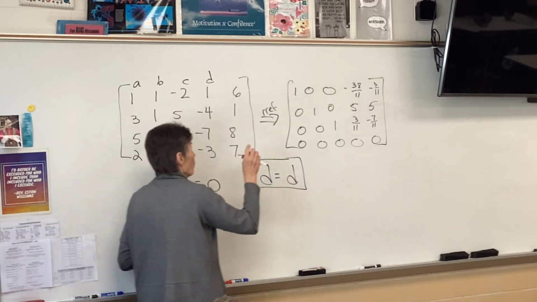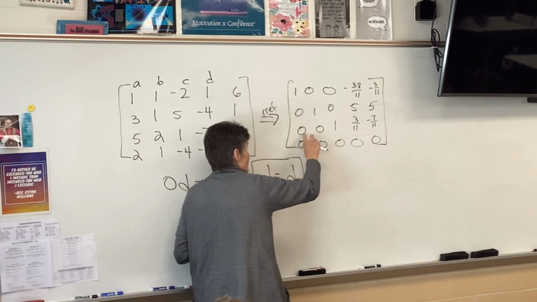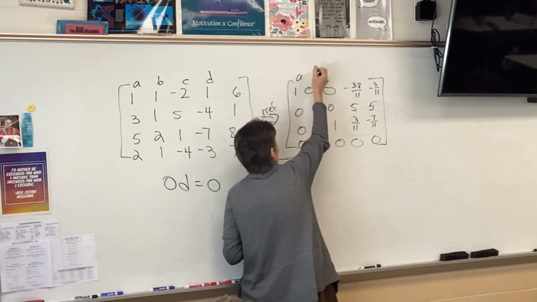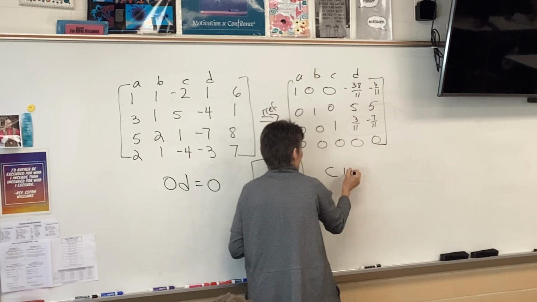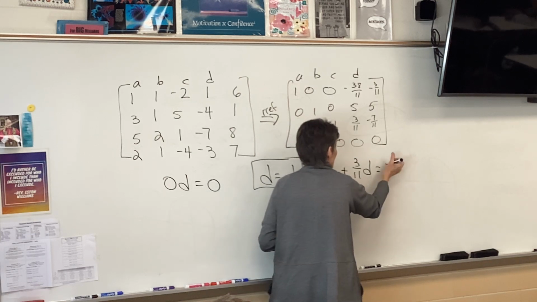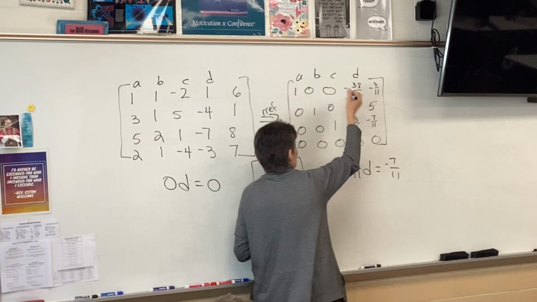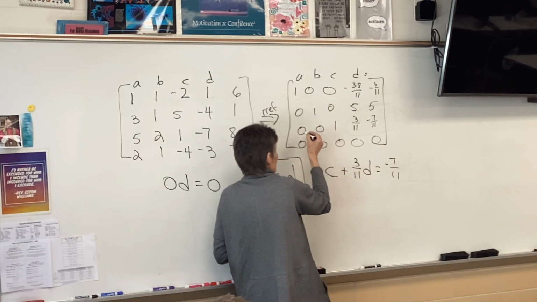Now, what does this row say? C plus 3/11 D equals negative 7/11. Remember, this is an equation. These are equations. So here's your A's and B's.